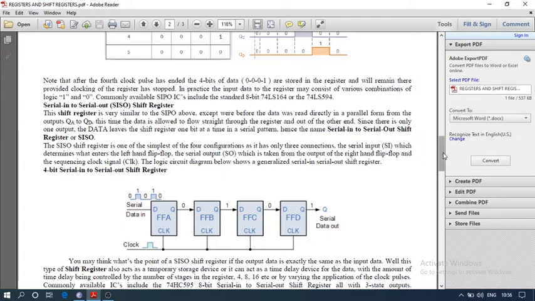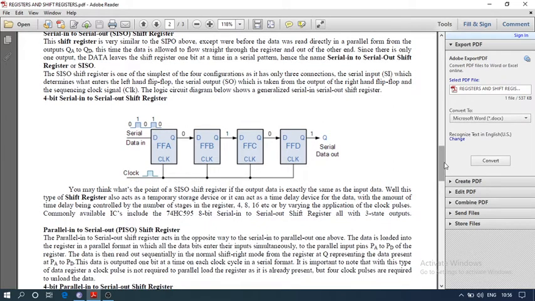So in serial manner, if we enter 0 in the first flip-flop, that is FFA, then the output will be 0. And as the FFB input is connected to the output of FFA, its input is also 0. So in that manner the data is shifting from FFA to FFD.